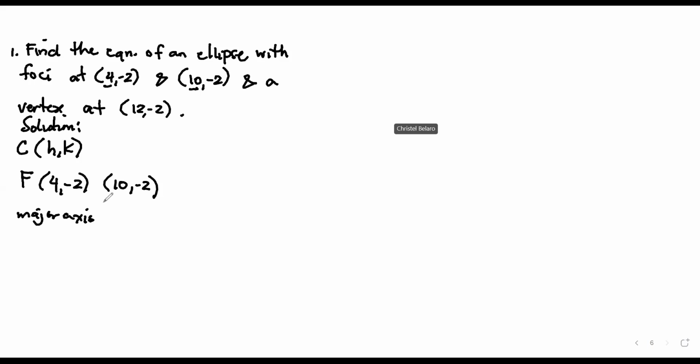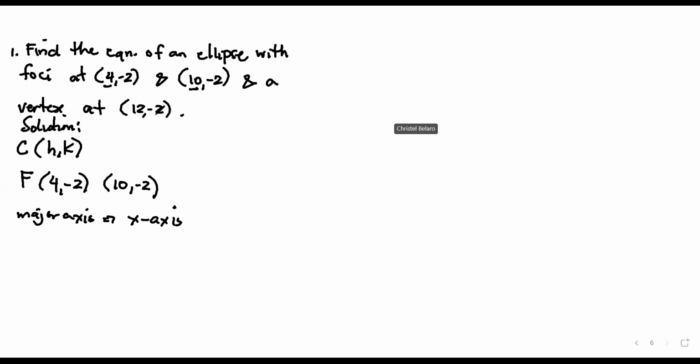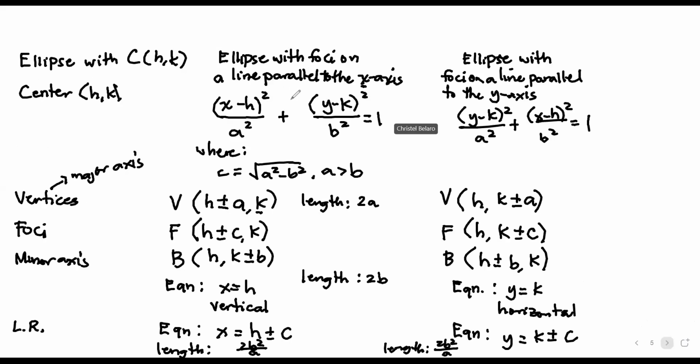Pag hindi nagbabago ang k class, the major axis is on the x axis. Okay, kasi 'di ba kanina, yan o, si k same lang. So nasa x axis ang major axis.